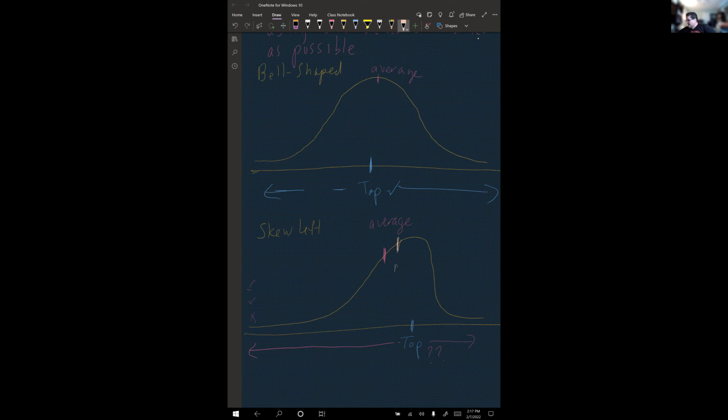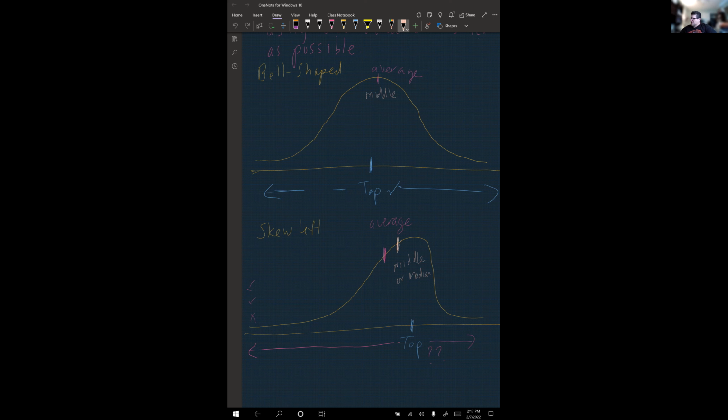This one tends to be like the middle or the median. And on the bell-shaped graph, it's the same. The average and the median, or middle, are really at about the same point.